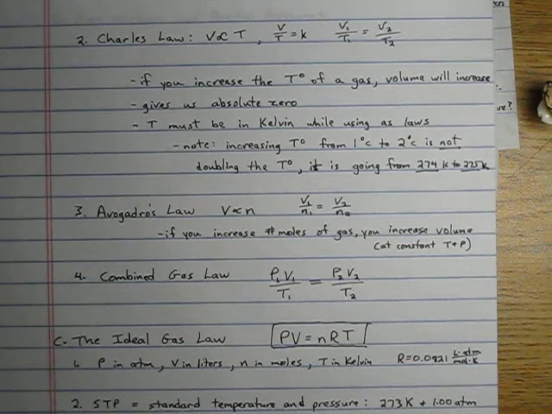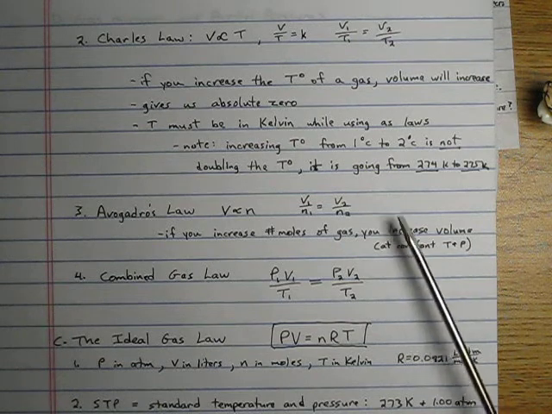But this brings us to an important point, is that what temperature scale must we use? Volume, you could actually measure it in liters, milliliters at this point, doesn't matter. But we can't just use any old temperature scale, because what happens if it is 0 degrees outside? What happens if it's 0 degrees Celsius outside?